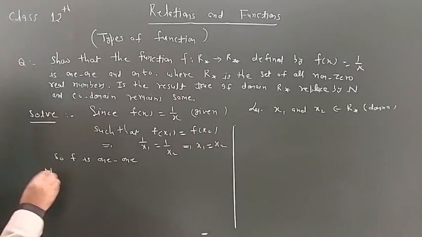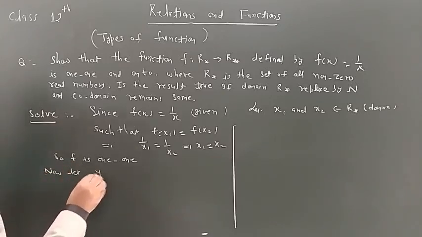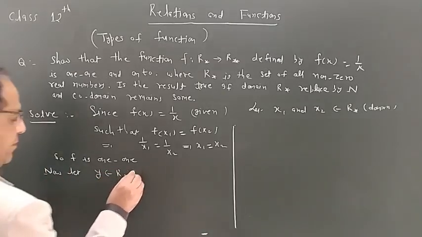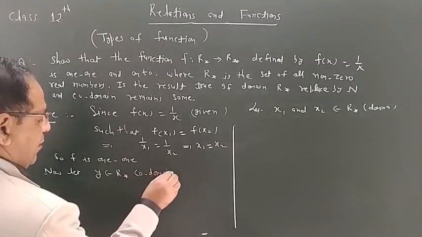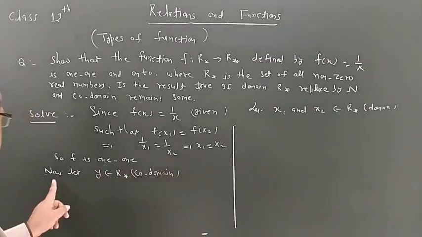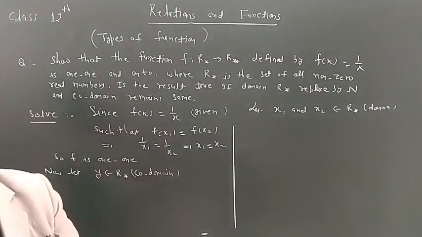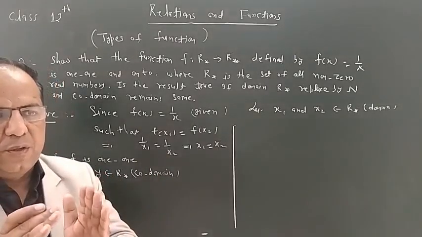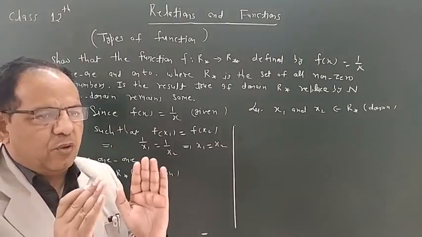Now let y belong to R star, the codomain. What is the condition for proving the function is onto? The basic definition of an onto function is that each element of the codomain should be the image of an element of the domain.